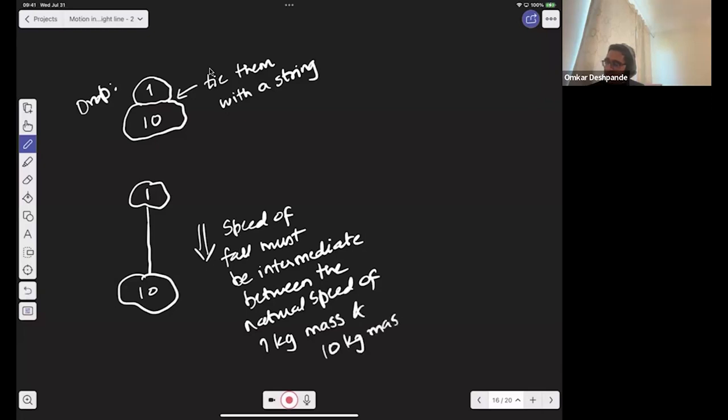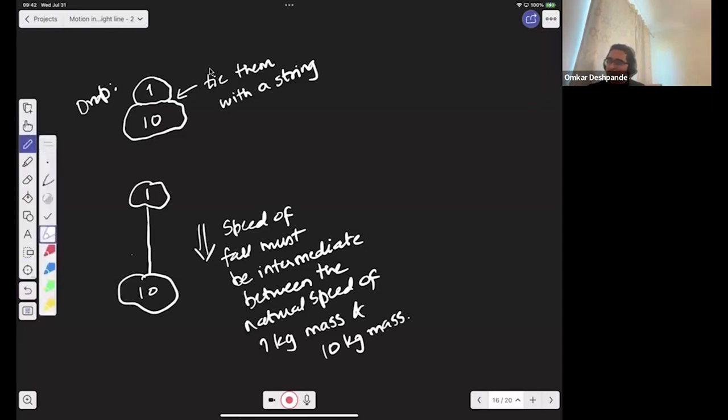Because the 1 kilogram mass got pulled downwards so that it's falling a little faster than its natural speed. The 10 kilogram mass is being tugged upwards, so it's going to fall at a somewhat lower speed than its natural speed. So the speed of the combination should be intermediate between the natural speeds of the 1 kilogram and 10 kilogram mass.